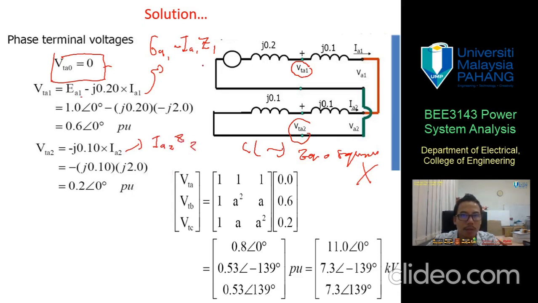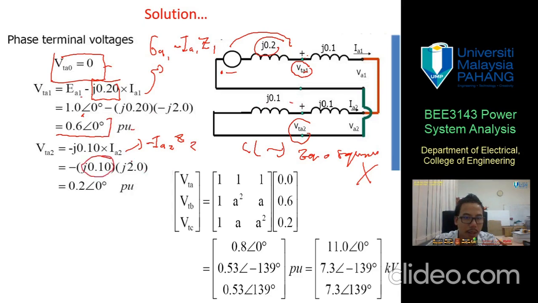Because we are asking about the terminal, it is from here to here only, so only 0.2, j0.2. Oh, sorry, I forgot, it's minus. Then you solve the equation and you get 0.6 with phase 0 per unit, and then proceed with VTA2, which is this one, 0.1.